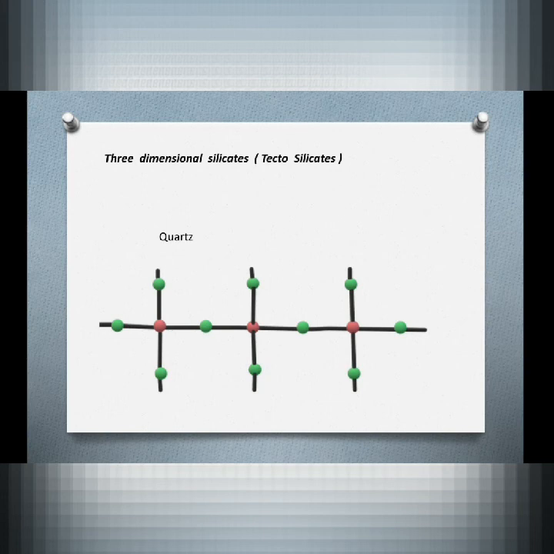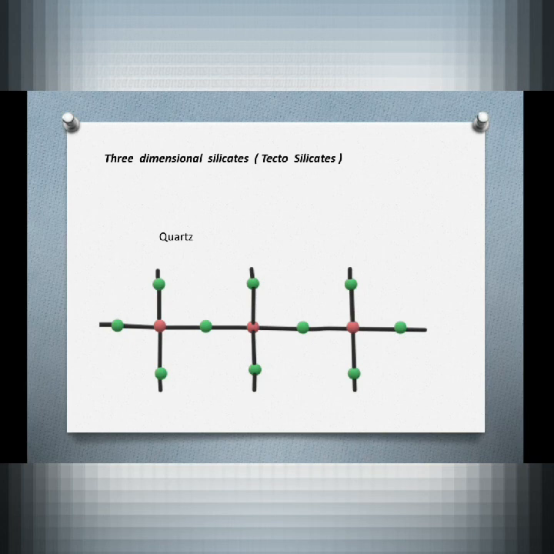If there are n tetrahedral units in this 3D structure, then the repeating unit will be SiO2 whole n, because for each tetrahedral unit there are 4 oxygen atoms, and each of these 4 oxygen atoms is shared by another tetrahedral unit.